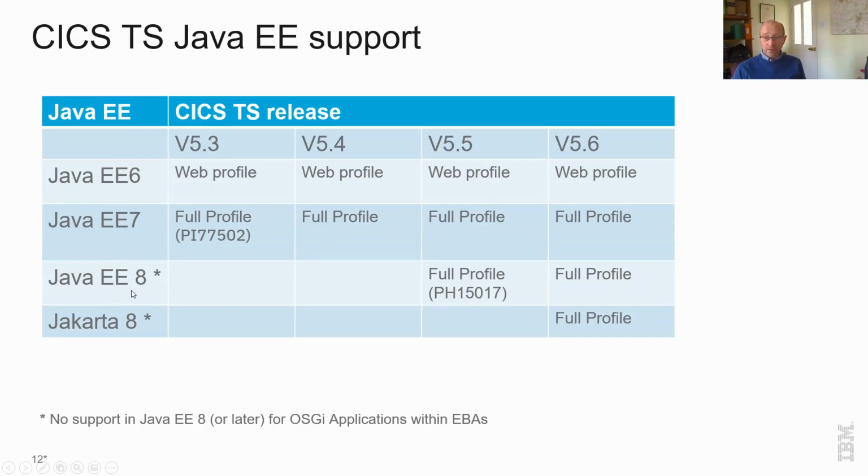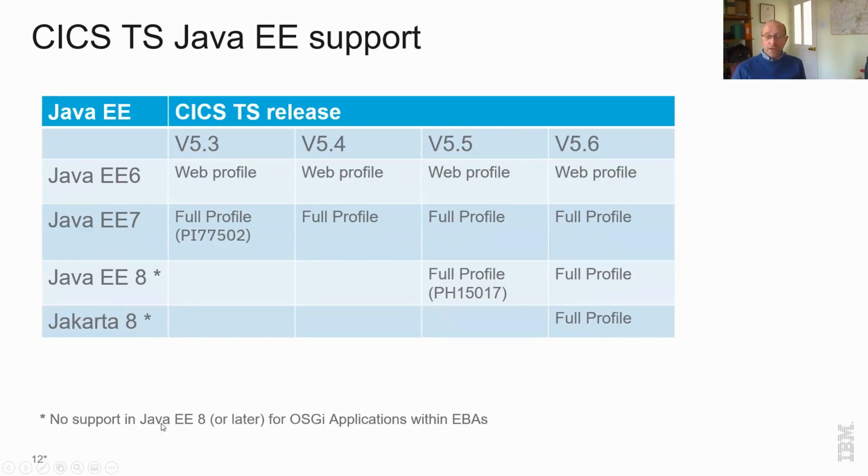And then with Java EE 8, we got full profile available with this continuous delivery APAR. And we also support Jakarta 8 in version 5.6 in full profile. So we've got a variety of options there available to you, depending on which version of Java EE support you're looking for.